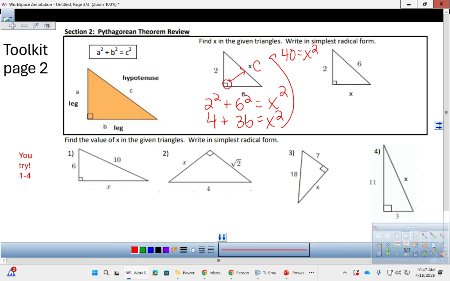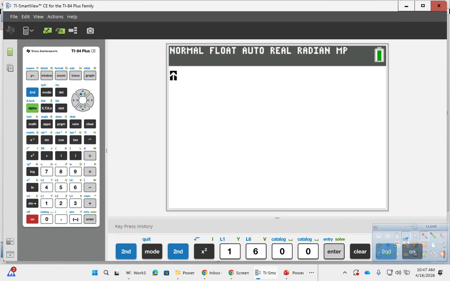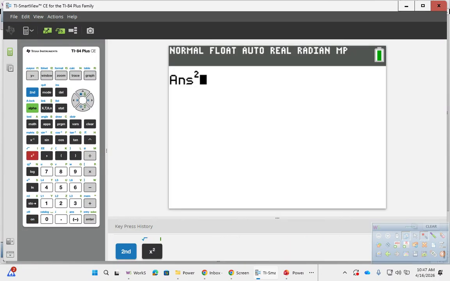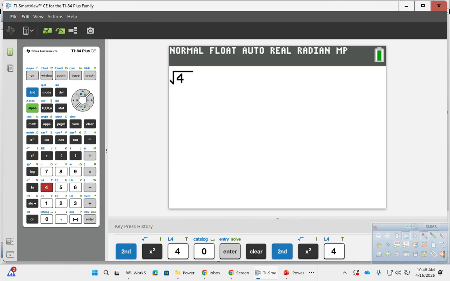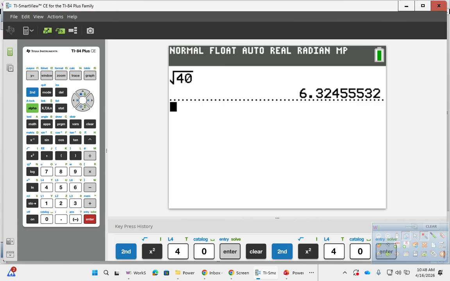And if I want to get rid of the squared, I'll take the square root. And then yesterday, if you were here, we talked about simplifying roots. So I would check to see if that's a perfect square, which it's not, which you probably already know, but the square root of 40 is not a perfect root. And if it's not a perfect root, you want to simplify it if possible.